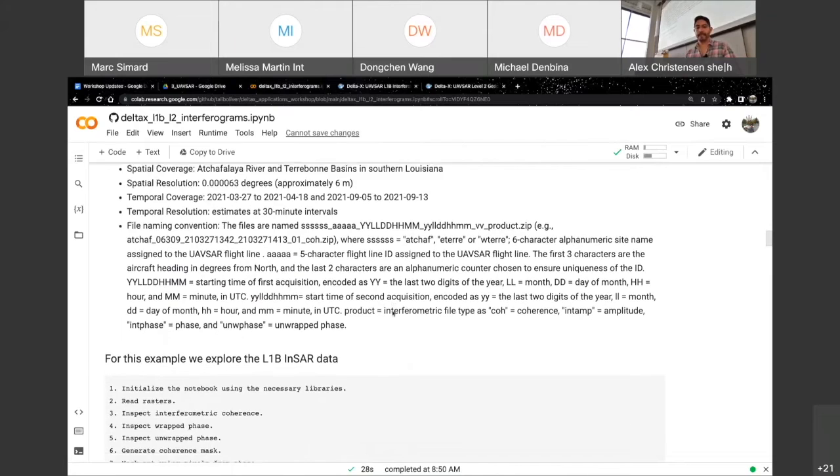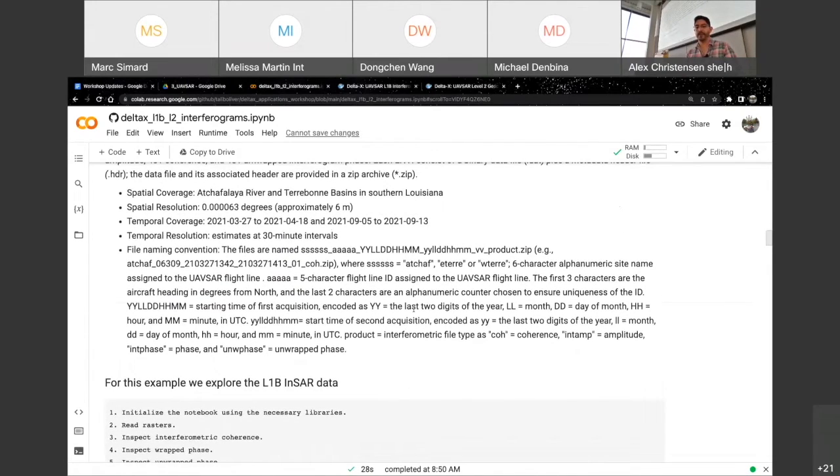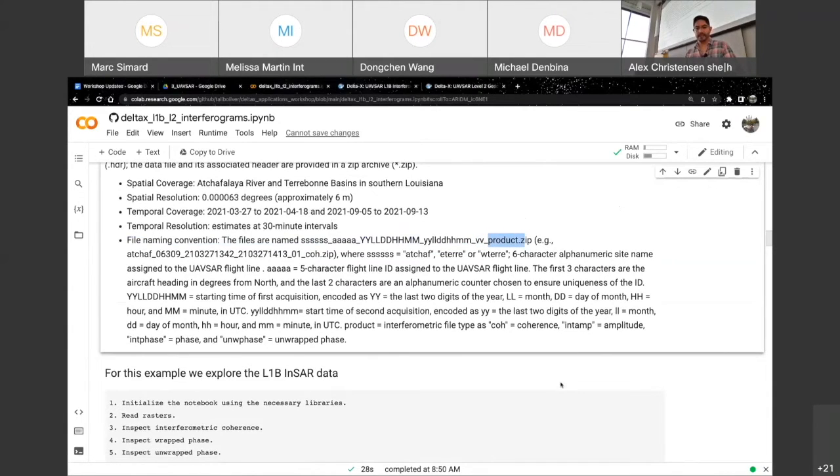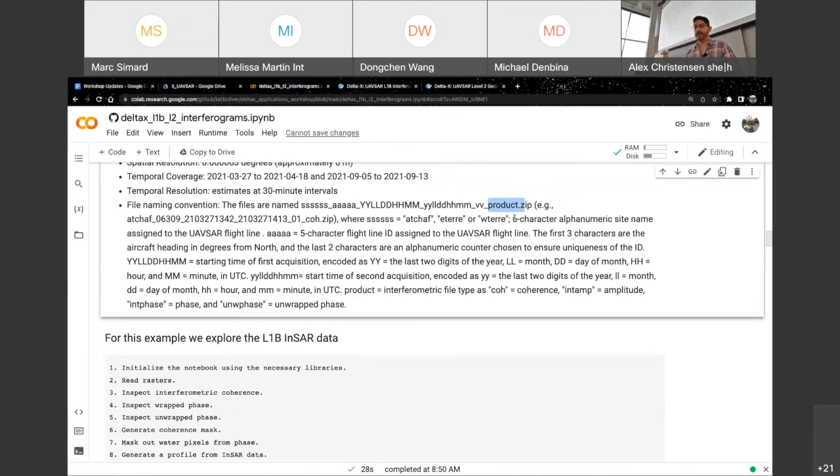Now the naming convention for this type of product, it's also very similar, where we start with the name of the flight line, the number ID of the flight line, and then we have date 1, date 2, the version, and the type of product. And this type of product can be then the phase, the coherence, the amplitude.